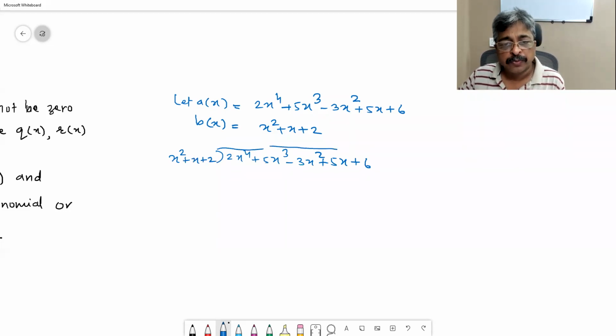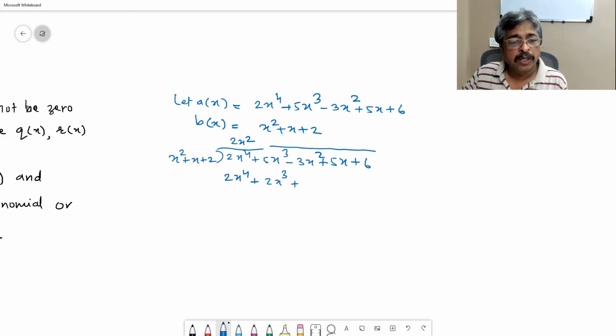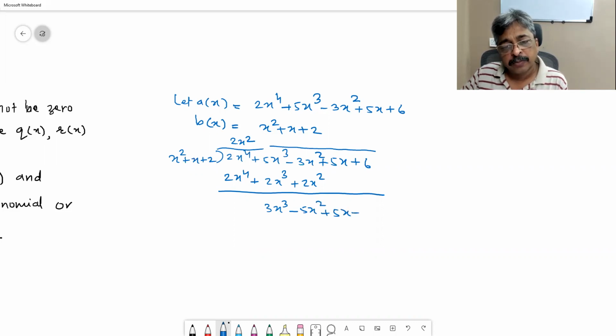So for the quotient, first we have to have 2x square. So 2x raised to 4 plus 2x cube plus 4x square, which means 0, 3x cube minus 7x square plus 5x plus 6.